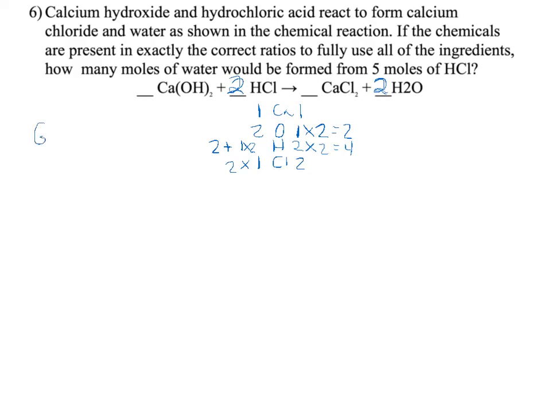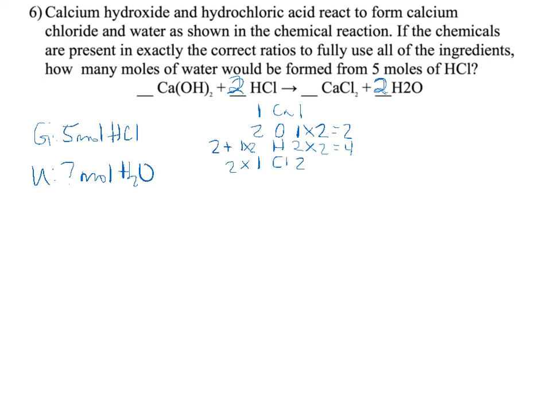So in this problem, if we look, we are given 5 moles of hydrochloric acid, and it says how many moles of water would be formed. So we know that we have 5 moles of HCl, hydrochloric acid. We know that we're looking for the moles of water, H2O. All right.